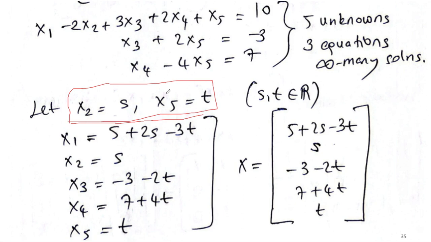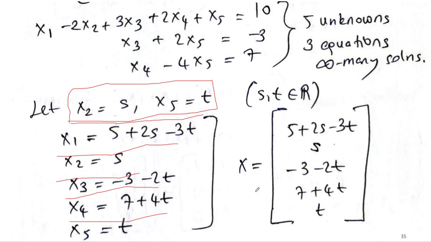Doesn't matter, because the rest of the variables will be determined accordingly by solving the system given the parameters s and t. So once you let these arbitrary real numbers s and t represent x2 and x5, then the rest of the variables will be obtained accordingly. All these variables are solved with respect to s and t.